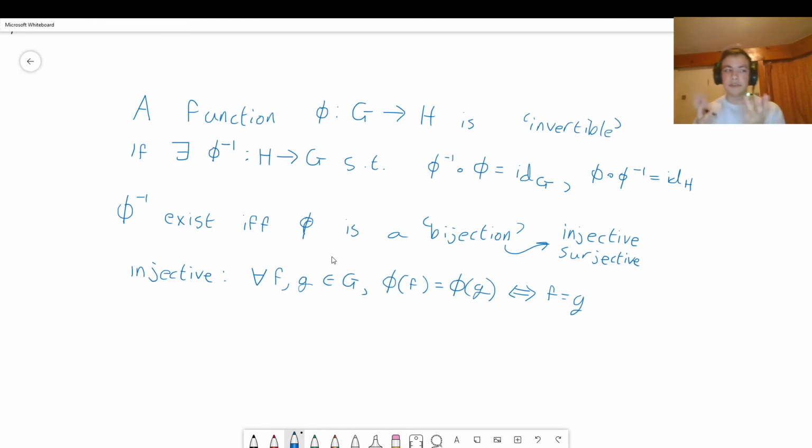So we don't get two different things mapping into the same thing. An injection is very much inserting G into H in a faithful way. Another word for this is a monomorphism, or a one-to-one mapping.